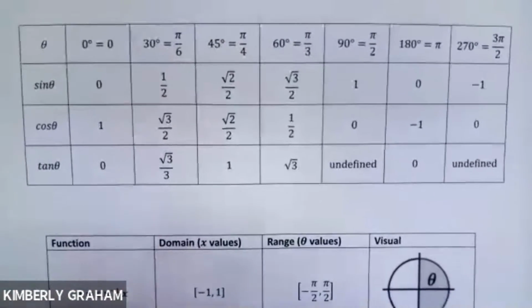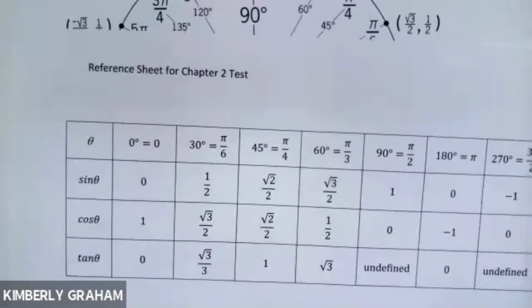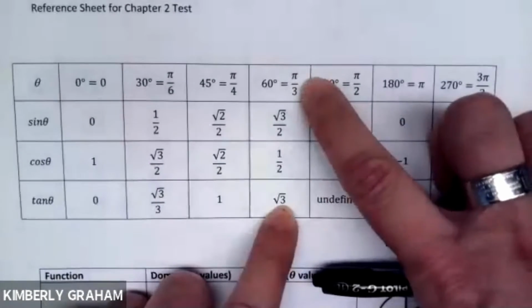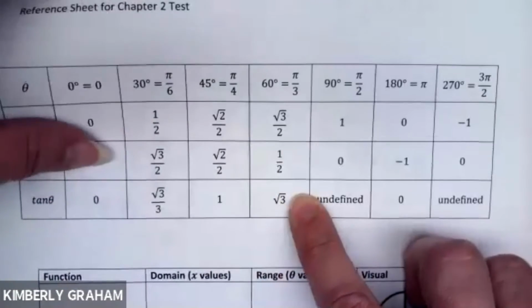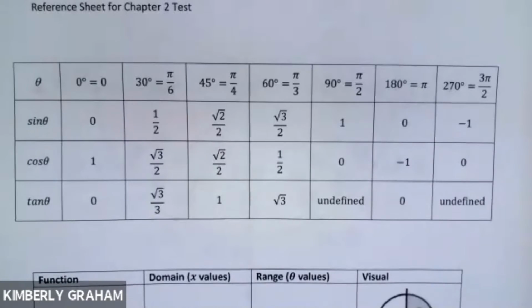But I've got my exact value chart that's going to allow me to save a little time here. I know that the tangent of pi over 3 is the square root of 3. So this pi over 3 is a reference angle.